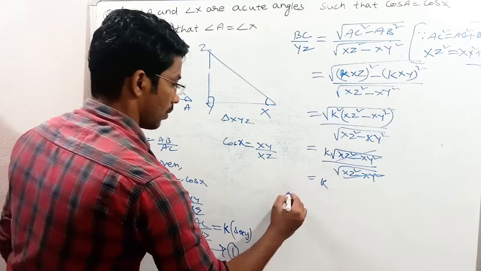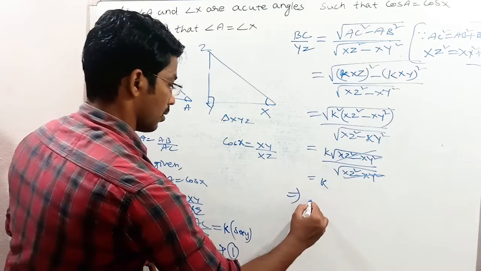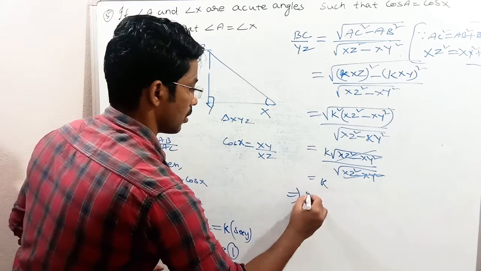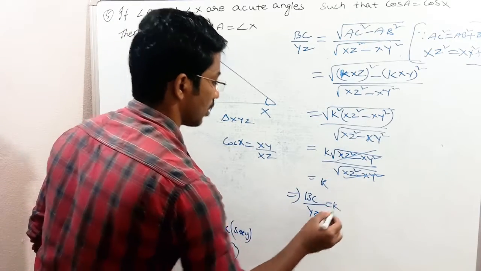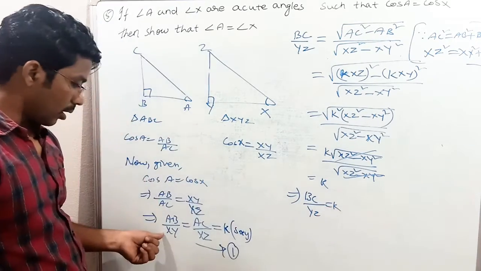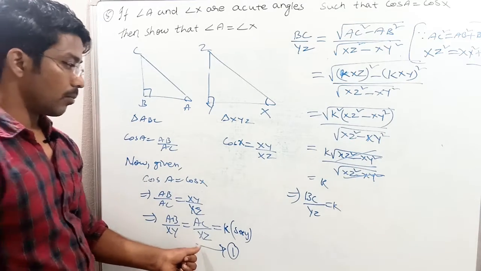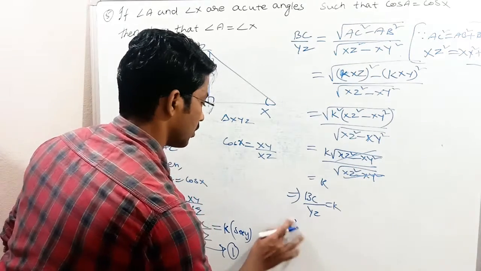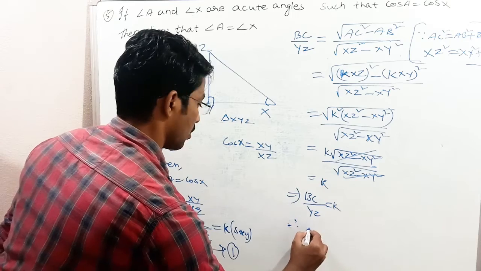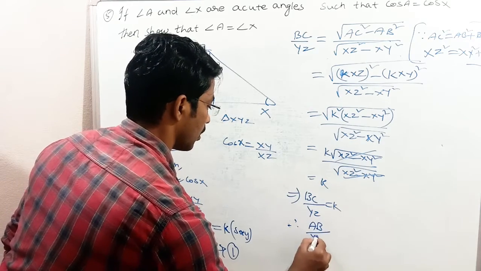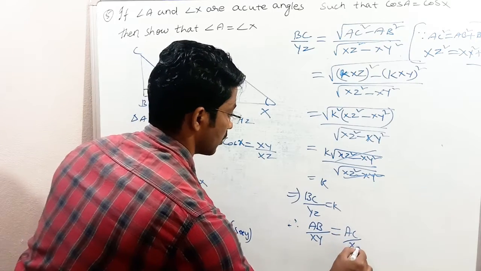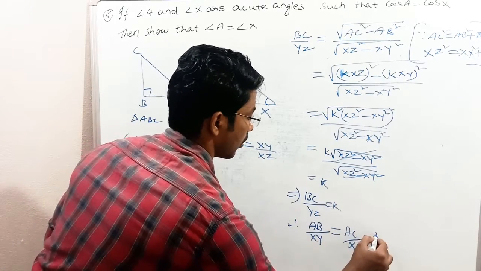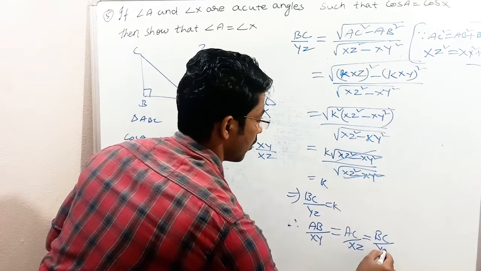Which is nothing but BC by YZ is equal to K, where K values are AB by XY and AC by XZ. So we can write this as AB by XY, AC by XZ is equal to K, which is BC by YZ.